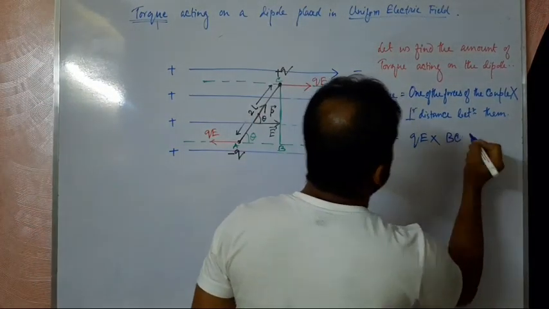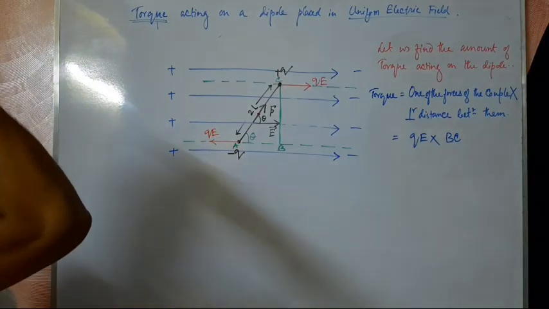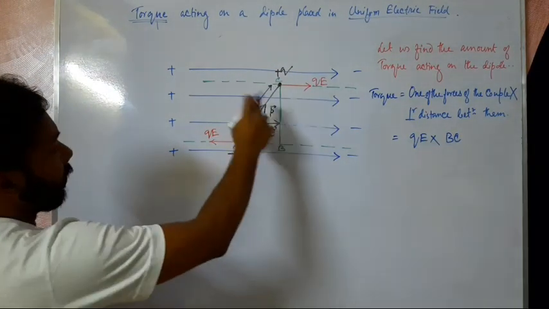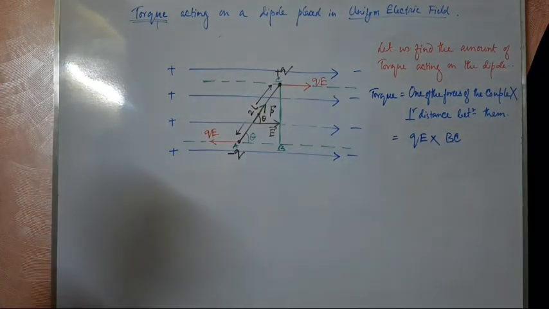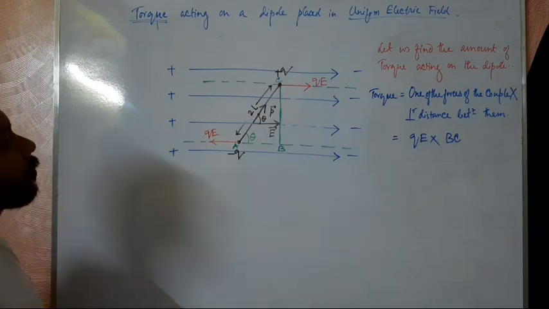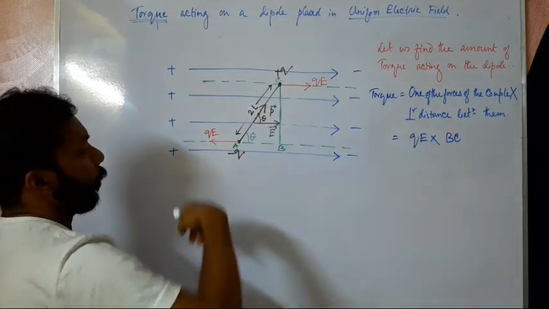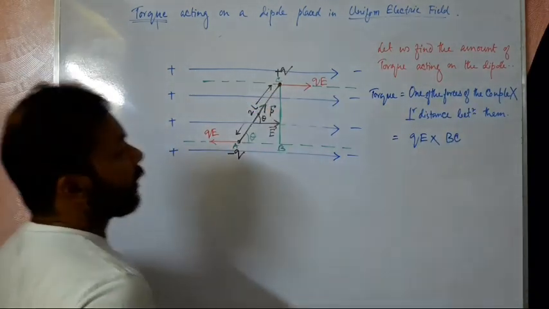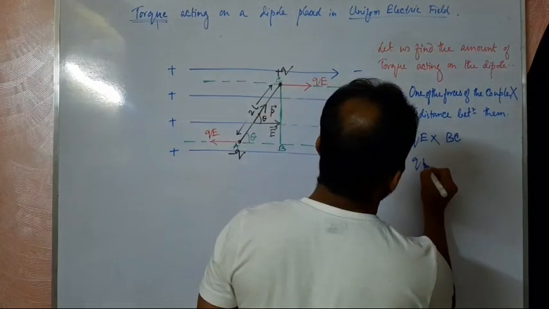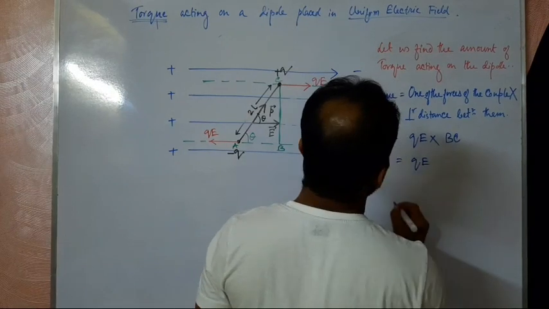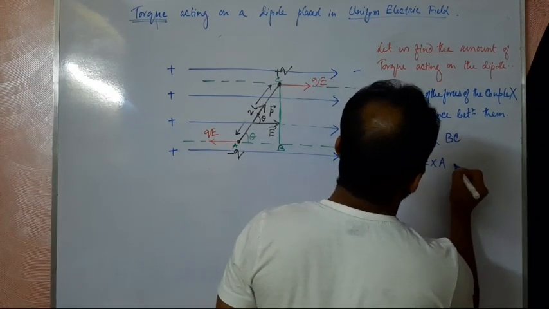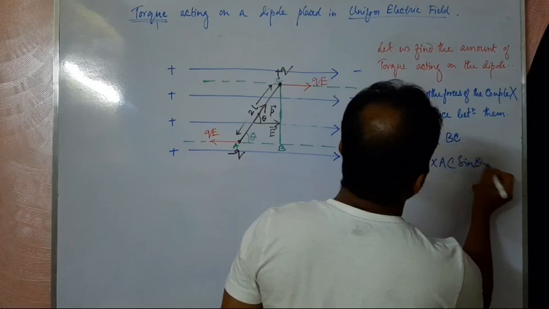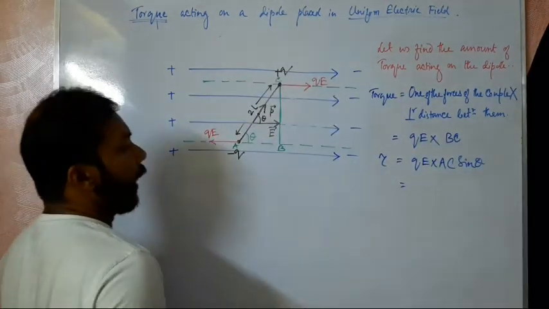Now what is BC? From this right angle triangle, BC is the perpendicular and this is the hypotenuse. So you can write it is AC sin theta. So torque is equal to QE into AC sin theta. Now what is AC? AC is 2L.